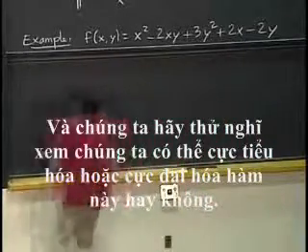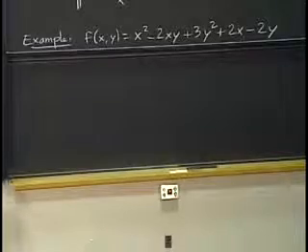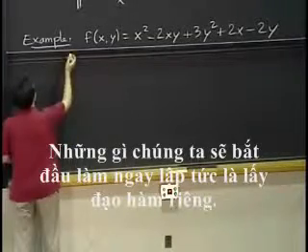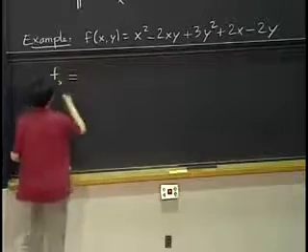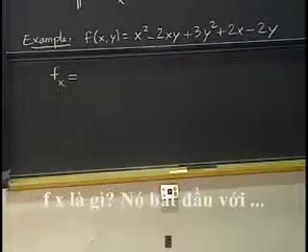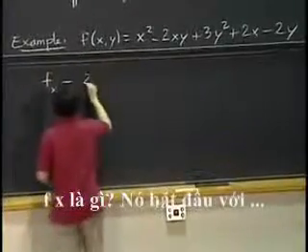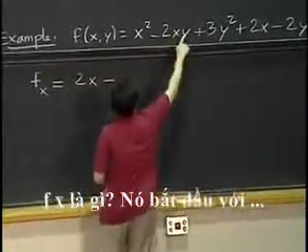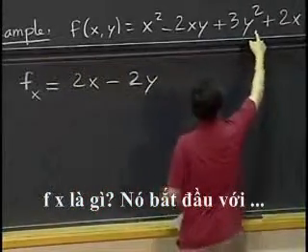And let's try to figure out whether we can minimize or maximize this. Well, what we'd start doing immediately is taking the partial derivatives. So what is f sub x? It starts with 2x minus 2y plus 0 plus 2.